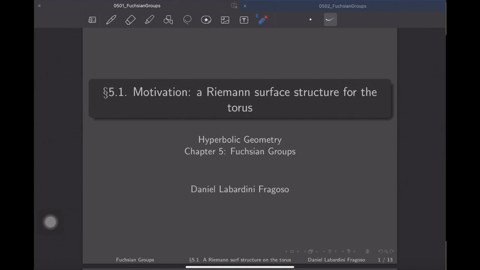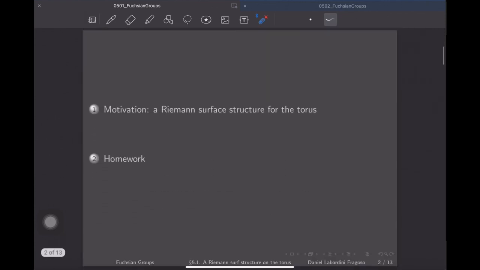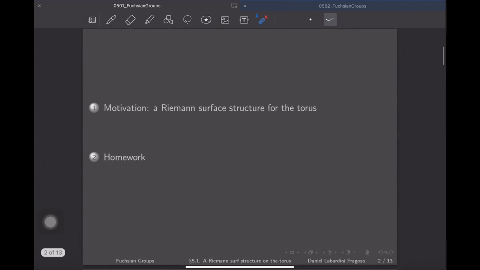So the last time it was kind of just as a motivation, I spoke a bit about a Riemann surface structure for the torus, and it's mainly so that the definitions that we are going to introduce today don't come out of the blue.